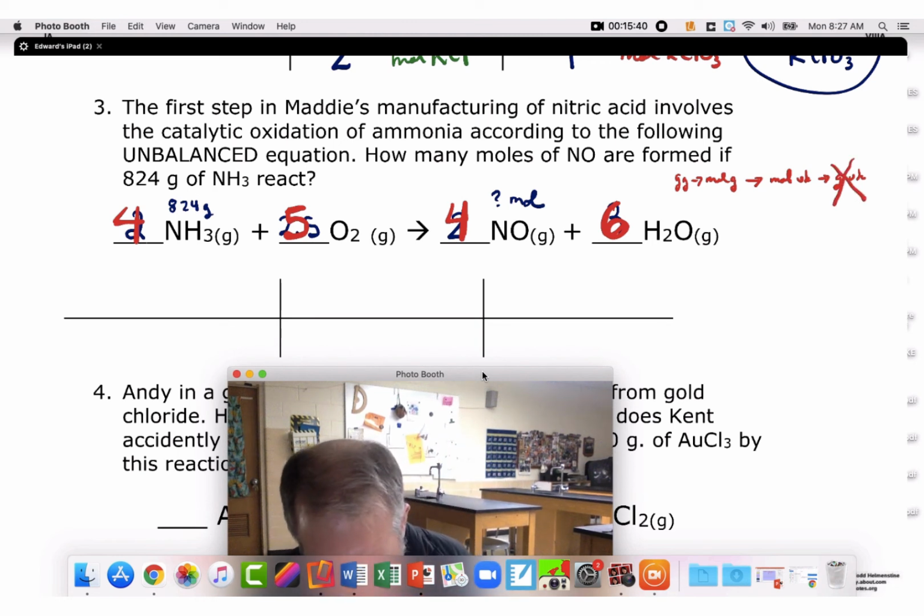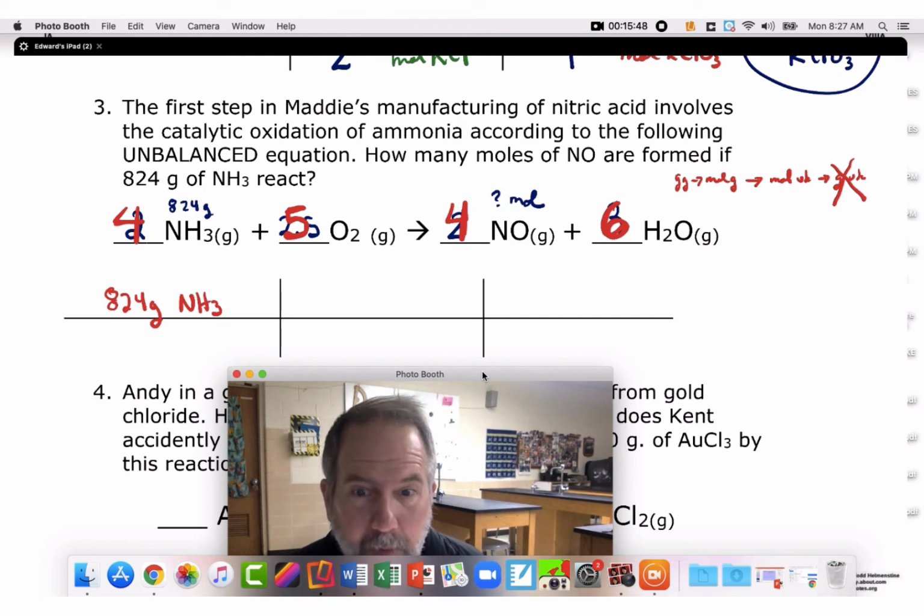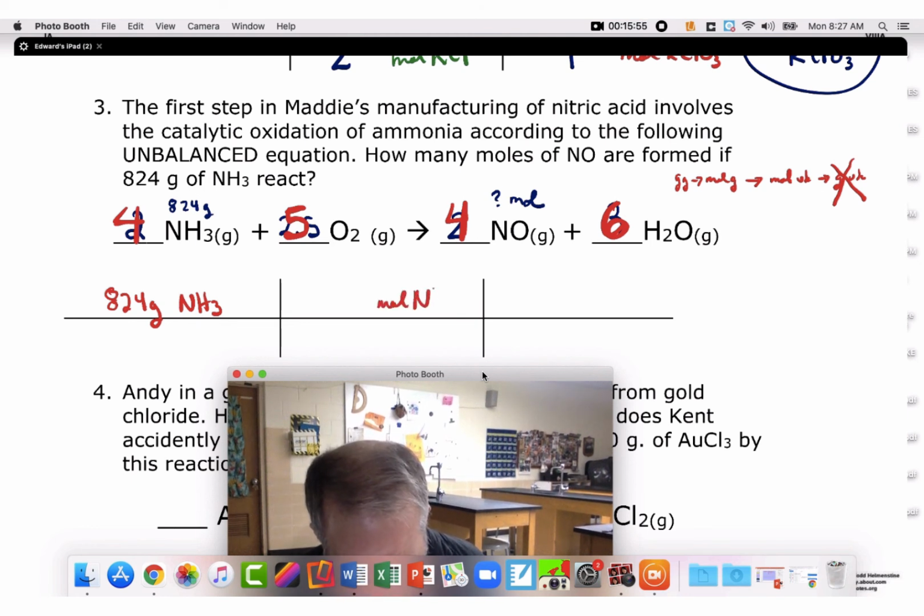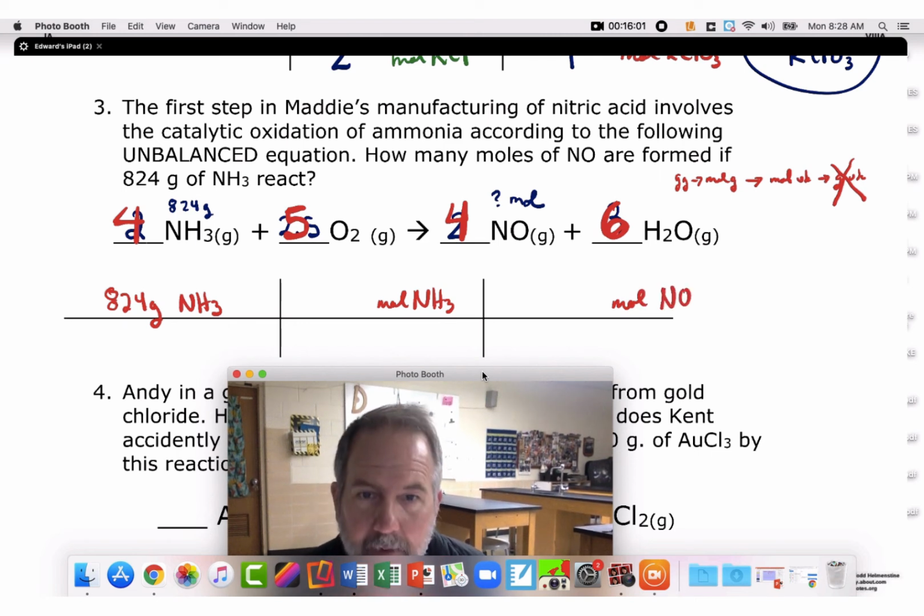Okay? Let's start here. 824 grams NH3. Again, now we're going to moles, and it has to be moles of the same thing. It's still the unknown. Moles of NH3. And then finally, moles of the given, which is NO. All right?